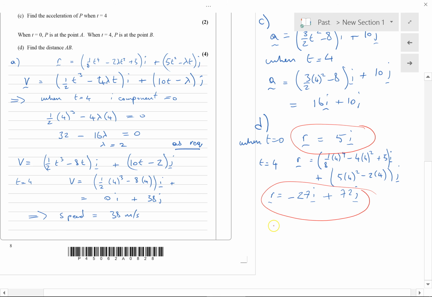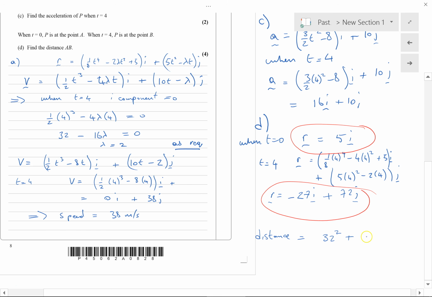Okay, so the distance is going to be the magnitude of the difference between these. If you think about it, this is at 0.5 and this is down, and we're just finding the distance between them in that direction. So we're basically using Pythagoras. The difference between the i components is 32, that's squared.